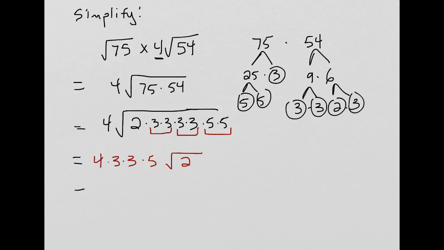So if I multiply those numbers together, I end up with 4 times 3 is 12. 12 times 3 is 36. 36 times 5 is 180 times the square root of 2. And that's the final answer.